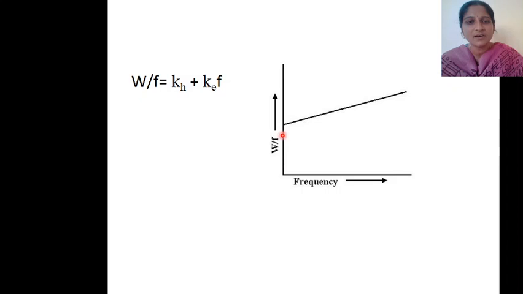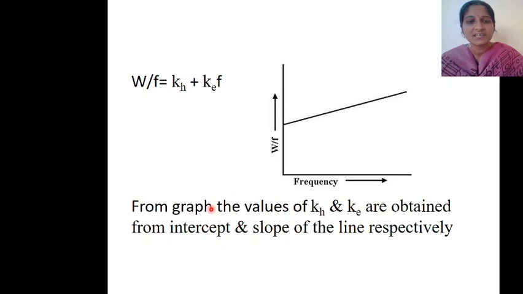How much is this intercept? It is nothing but the hysteresis constant, and KE is determined from the slope of the straight line. From the graph, the values of KH and KE are obtained from the intercept and slope.